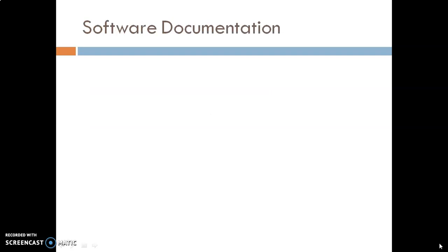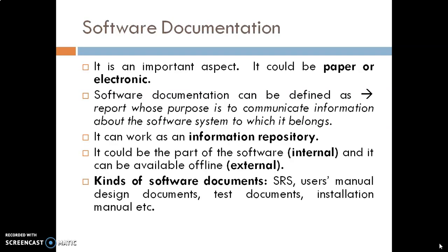So what is software documentation? It is an important aspect. It could be paper or electronic. Software documentation can be defined as a report whose purpose is to communicate information about the software system to which it belongs. It can work as an information repository.